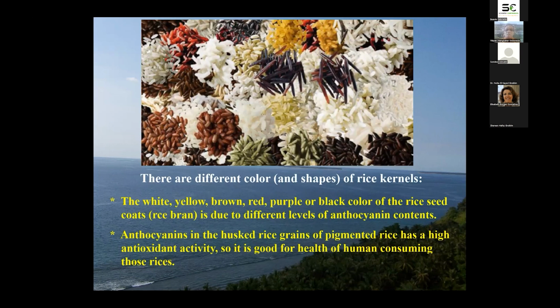But if we polish the grain, it will become mostly white rice, because the anthocyanin content is mostly in the bran, like the aleurone layer and the testa layer.